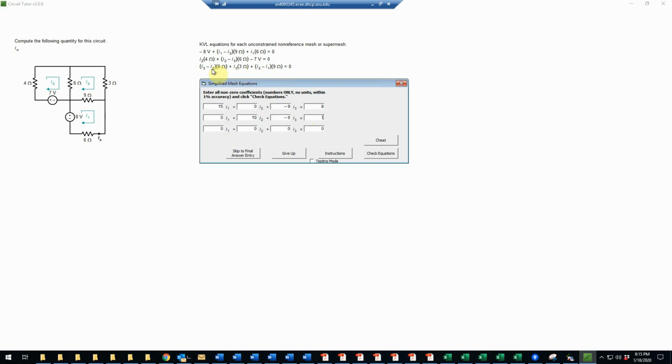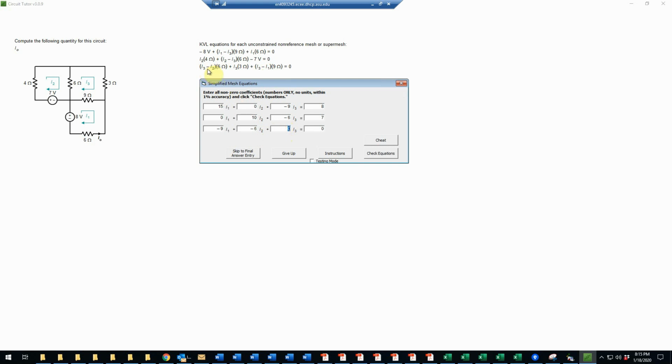Then for the third equation, we do have an I1 actually. It has a coefficient of negative 9. And then for I2, we have a coefficient of negative 6, and that's it.